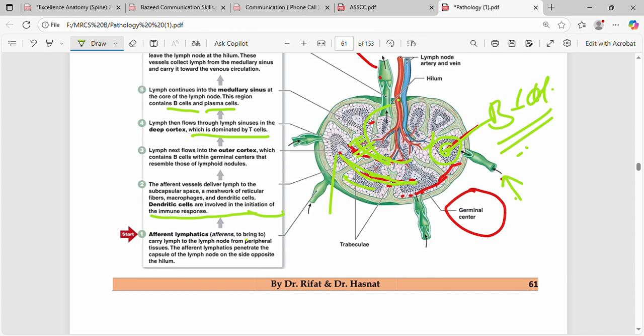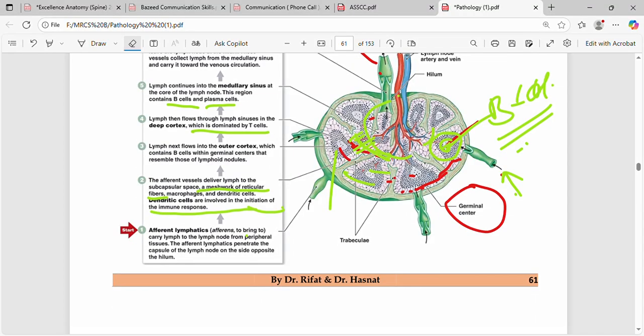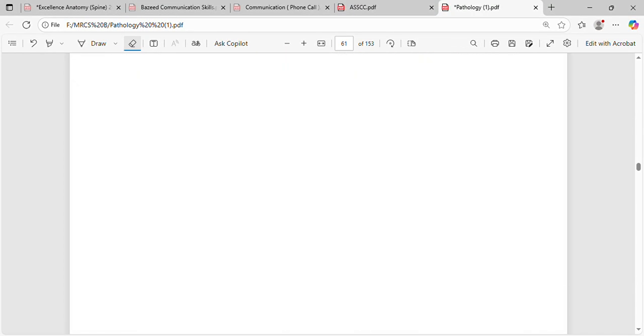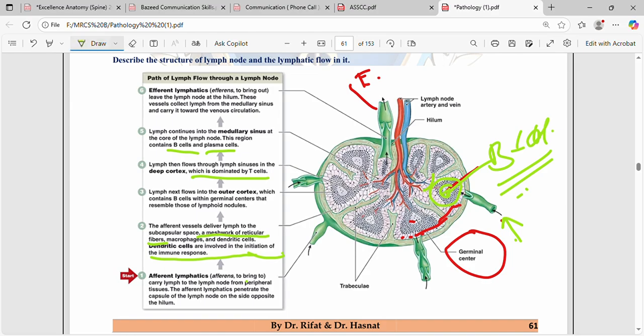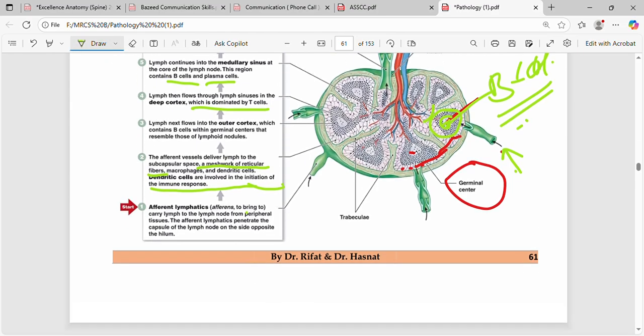See here, the afferent vessel delivers lymph to a subcapsular meshwork of reticular fibers and macrophages. Here we have the lymphatic sinusoids.